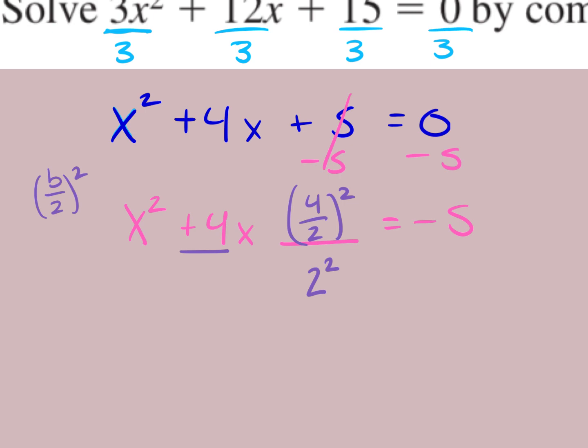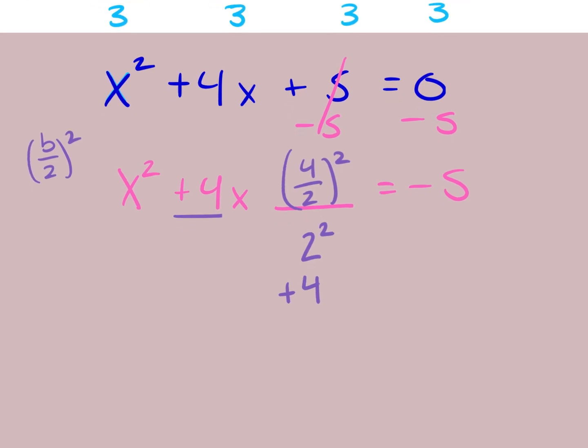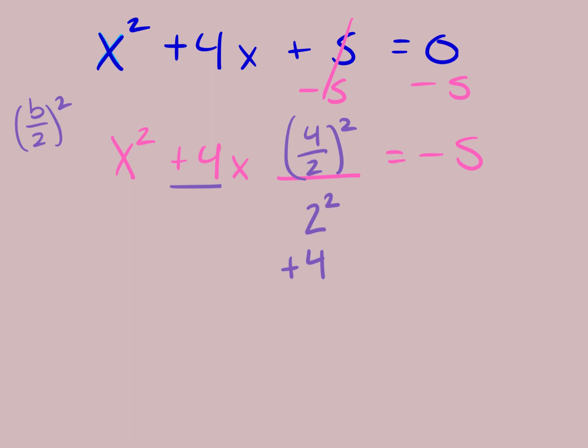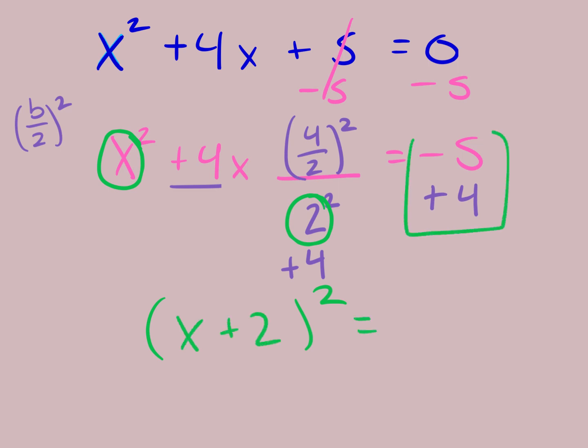And 2 squared is 4. What should I do next? I have to make sure I add 4 to the other side, and let's write our parentheses squared. What's going to go into the parentheses squared? Awesome. x is being squared and 2 is being squared, so x + 2. And then that would be equal to negative 5 plus 4, which is negative 1.